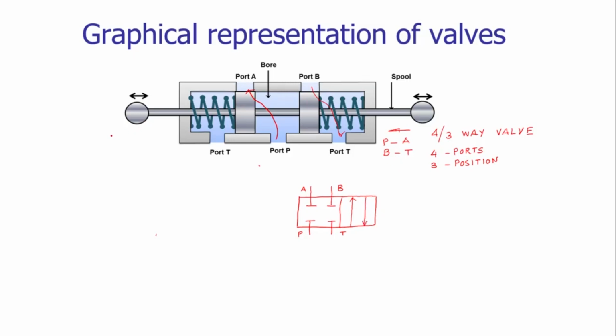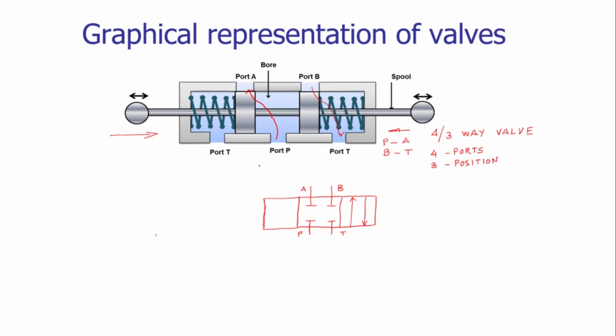Consider we are giving spool movement from left to right. So when we are giving the movement from left to right, we are having one more position here. To draw that, we are using one more square.